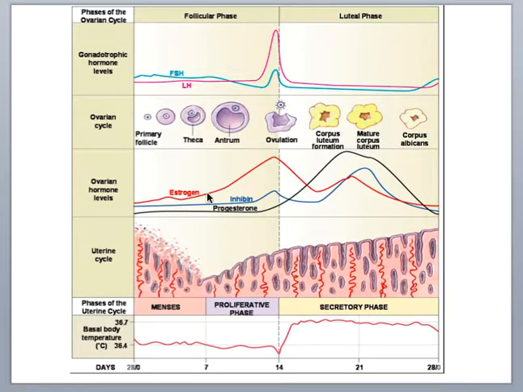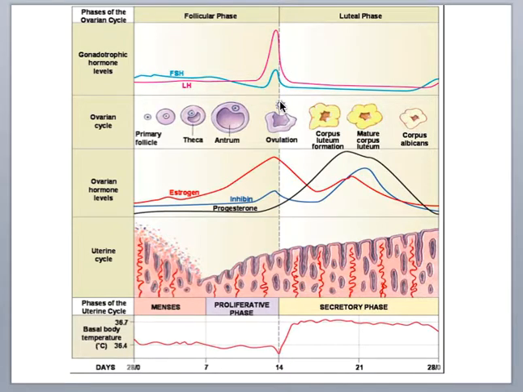Now, these increased levels of estrogen, after menses, after the sloughing off of that old necrotic endometrium has taken place, high levels of estrogen cause a proliferative phase of the endometrial lining. And proliferative meaning it's thickening, right? And there's abundant endometrial glands being formed, right? So this is proliferative. It's proliferating. It's becoming nice and fluffy for possible implantation.